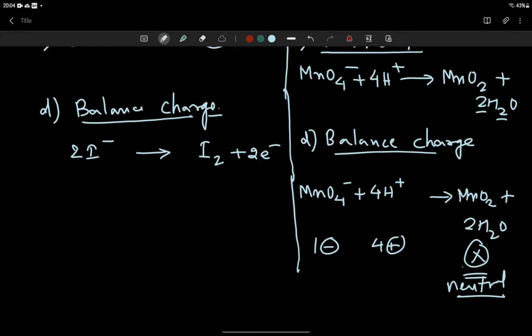If we add 3 electrons, the total electrons become 4, means 4 negative charges can balance the 4 positive charges and it will become neutral. So I can clearly add 4 electrons over here. Okay, so this one has got balanced, right?